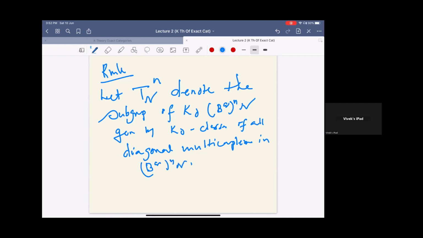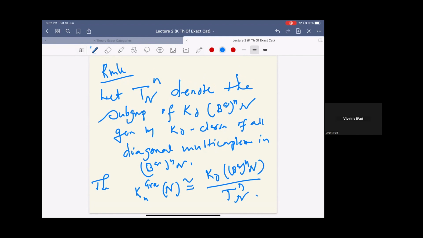So consider all the diagonal binary multicomplexes, take their K0 classes, and take the subgroup generated by them. So T_n is a subgroup of K0 of BQ_n. Then from the definition, it is very clear that Kn is isomorphic to K0 of BQ_n modulo this subgroup.